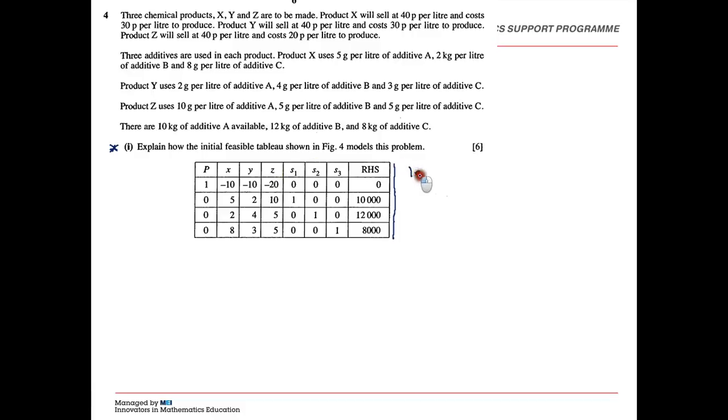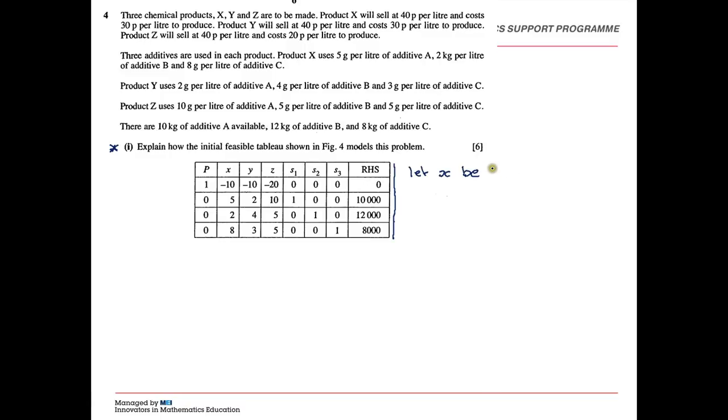So we're going to say let little x be, and then you have to think very carefully about what it is. Little x is going to be the number of litres of product X produced. Don't be tempted to write little x is big X, because you won't get any marks for it. You've got to be very specific.